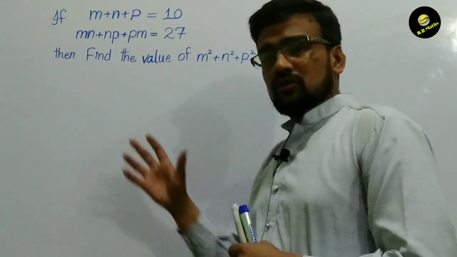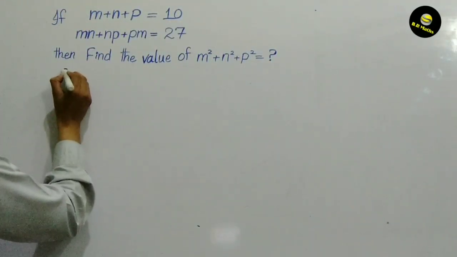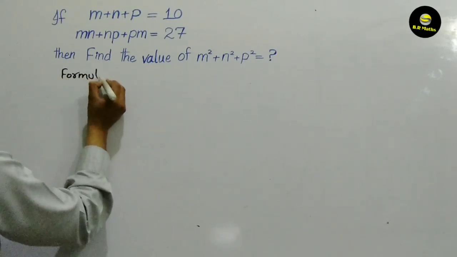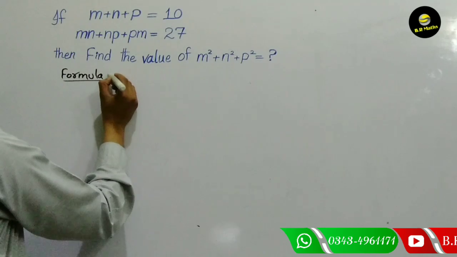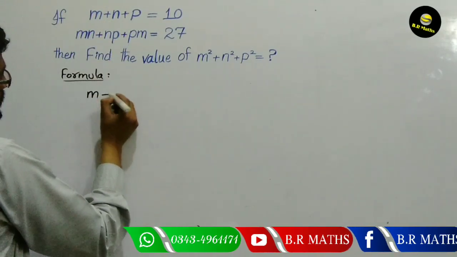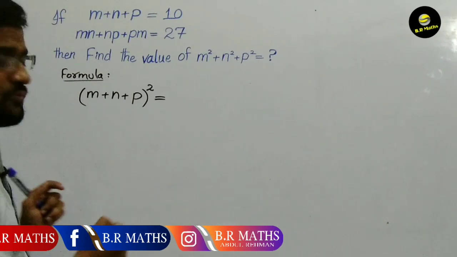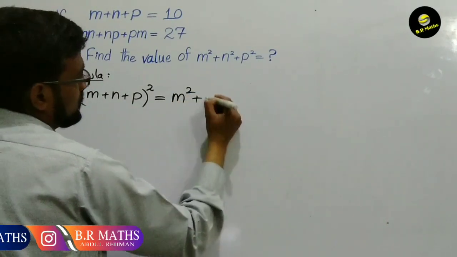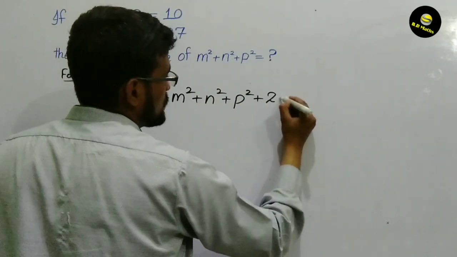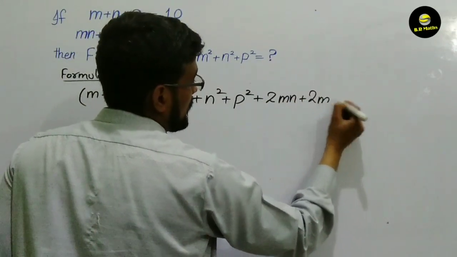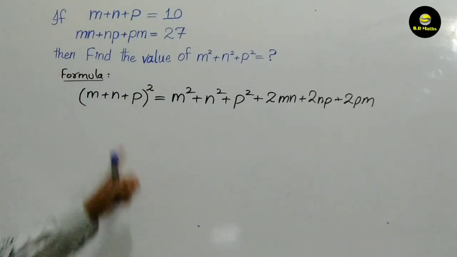Apply the formula by taking the square on both sides. The formula for the sum of three variables whole square is: m plus n plus p whole square is equal to m square plus n square plus p square, and then plus 2mn, 2np and 2pm. So this is the whole formula.